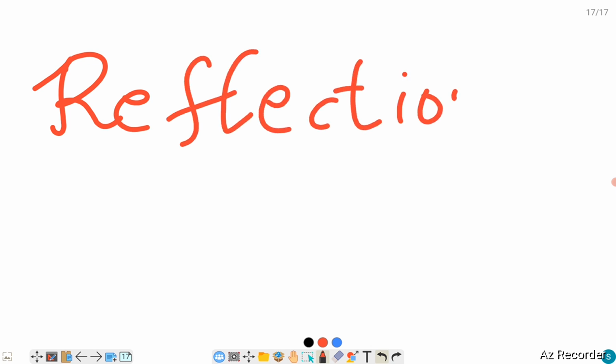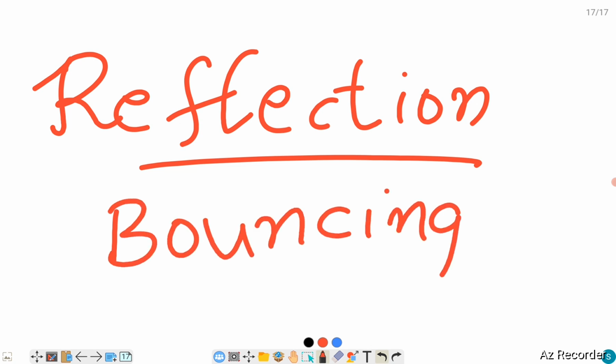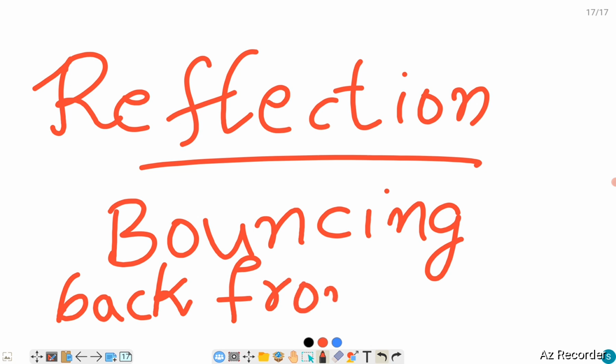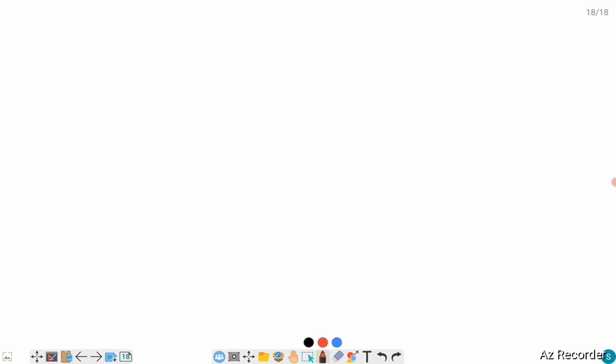Reflection means bouncing back of light from the surface. Whatever light falls on the surface or the object, that light bounces back. How this bounces back? That is natural phenomena, but it has certain rules to reflect. They are called as laws of reflection. Let's learn laws of reflection now.